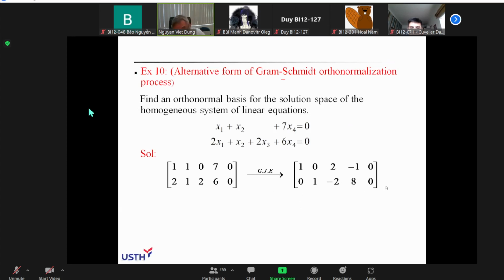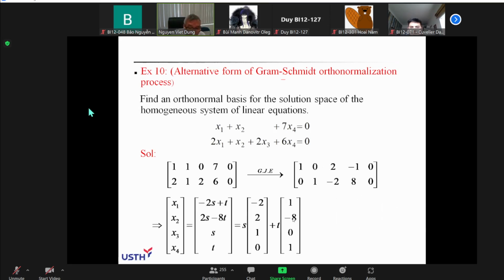It is here. The first and second columns contain the leading one. So the third and the fourth are free columns. Means x3 and x4 are free variables. For free variables, we can give them any values s and t. And then you can find x2 to be that and x1 to be that one.